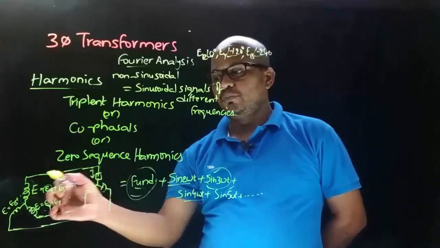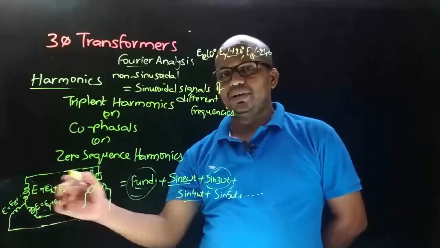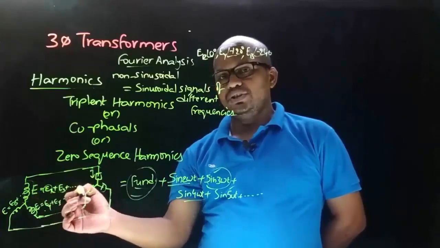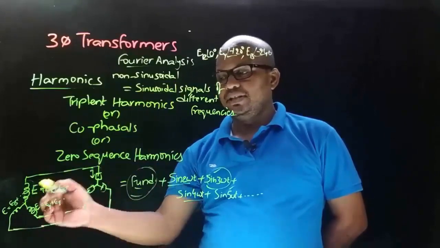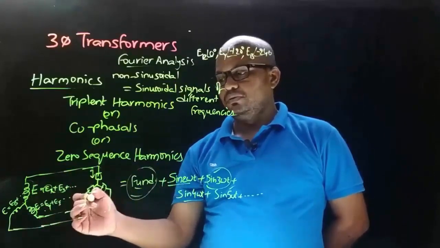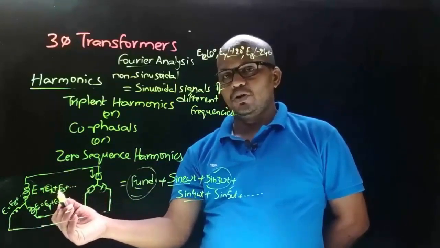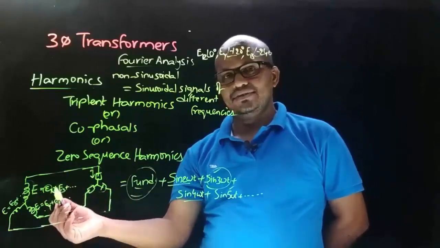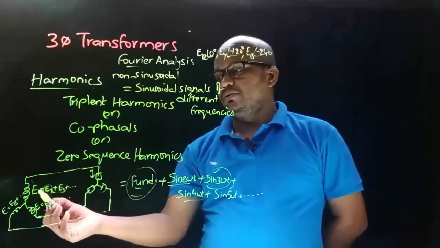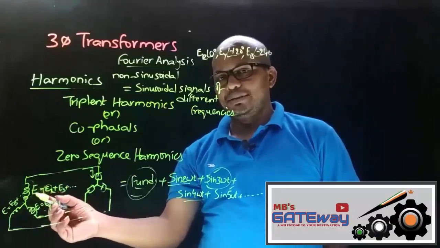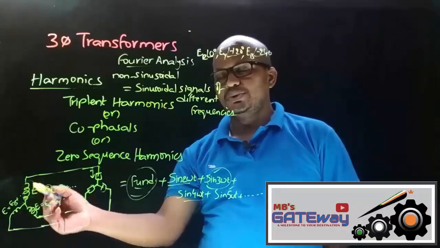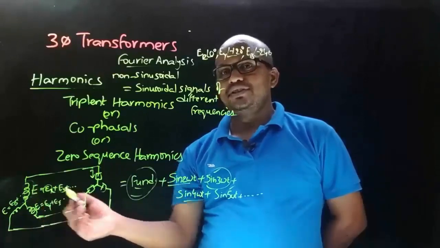There are no triplen harmonics in the lines because there is no closed path, whereas other harmonics will have different phase angle differences, meaning they will take a closed path and flow. But as the phase sequence is 0, triplen harmonics will remain in the phases, and because of them our fundamental induced EMF is becoming non-sinusoidal.